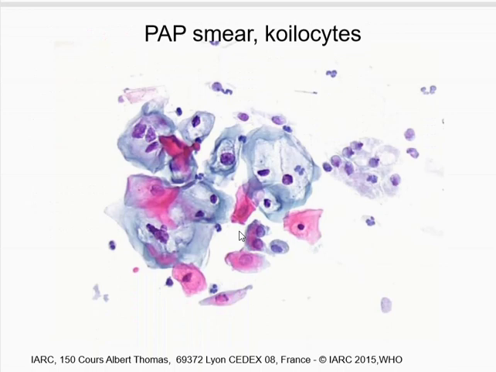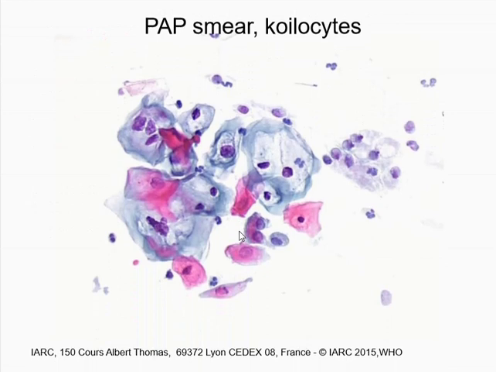This is a Pap smear of koilocytes. Here you see an enlarged nucleus, a perinuclear white halo. You see a multinucleated cell here. These are very characteristic of human papillomaviral infections.